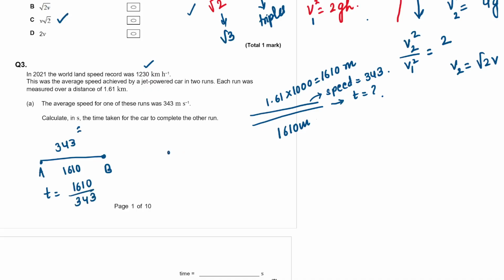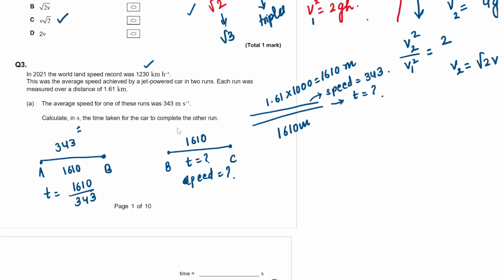And then for B to C, the distance is 1610, we don't know the time, and we also don't know the speed. So we can calculate the average speed for the entire two, A to B, B to C. It's 1230 kilometers per hour.